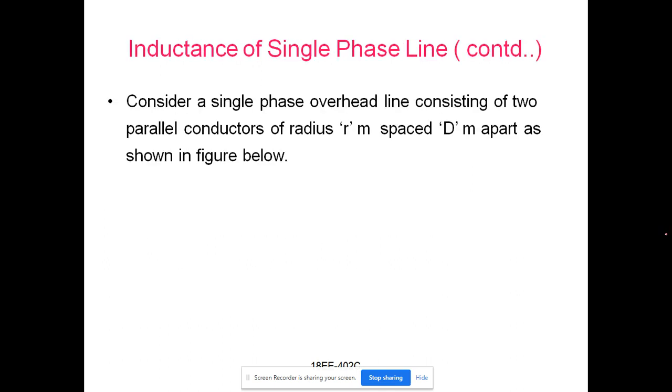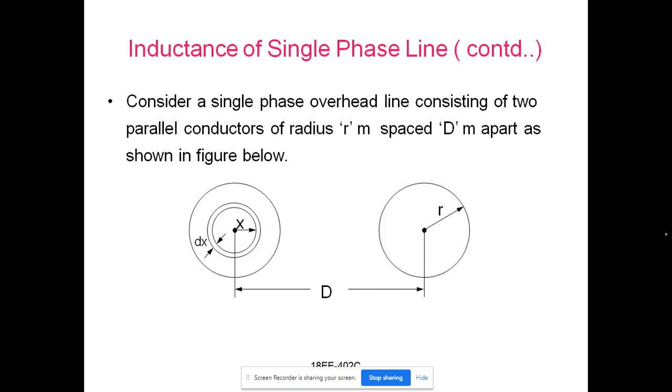Now let us consider a single phase overhead line consisting of two parallel conductors. Here you can see the radius of this conductor is r, the radius of this conductor is r, and the distance between these two conductors is d.